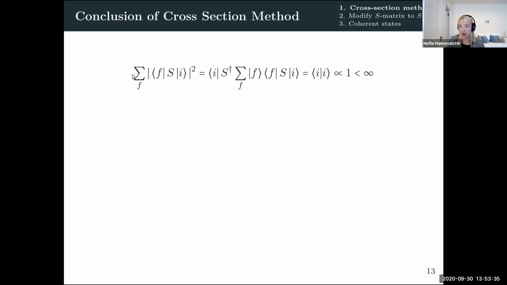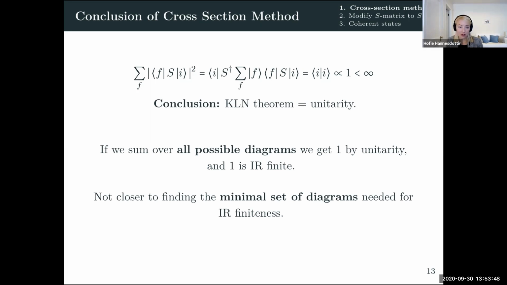So this whole sum in the KLN theorem is just equal to the overlap of the initial state with itself, which in some normalization is 1. And 1 is less than infinity. So what we conclude is that the KLN theorem is actually just equivalent to unitarity. If we sum over all possible diagrams and anything that could have happened, then we get 1 by unitarity. All the probabilities sum up to 100%. And 1 is IR finite.